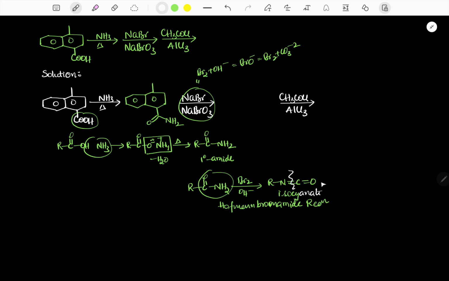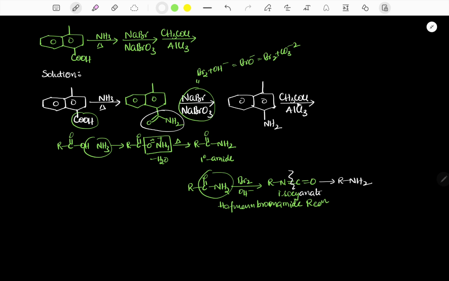Now it undergoes hydrolysis. Finally we get the corresponding amine. So in this case also this amide group will be converted into amine. It is a Hofmann bromamide reaction.